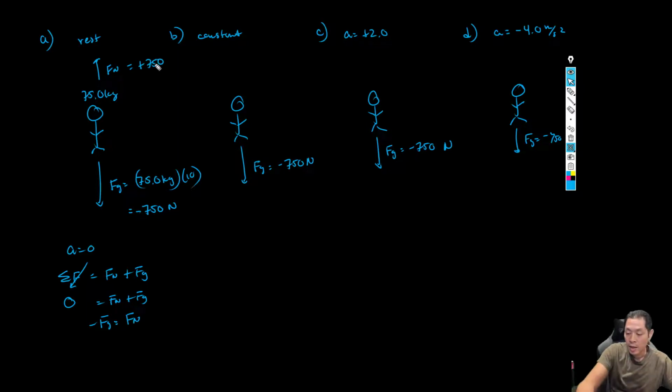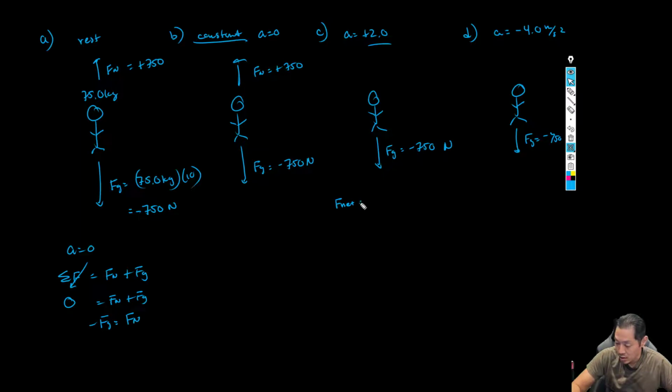Constant means A is also equal to 0, so it's the same problem. If Fg is negative 750, this has to be positive 750. Okay? For this one, A is 2, so I can't skip it. So I have F net, or sum of all forces, equal to Fn plus Fg.